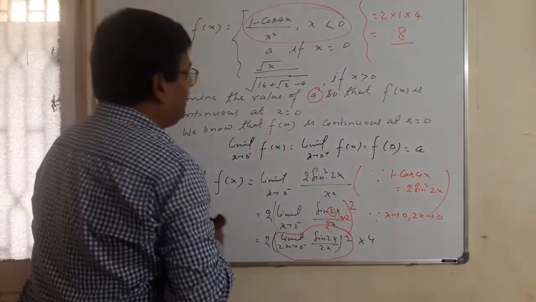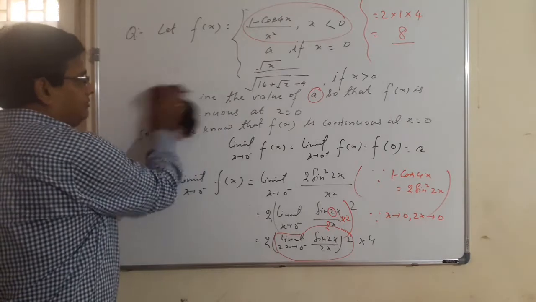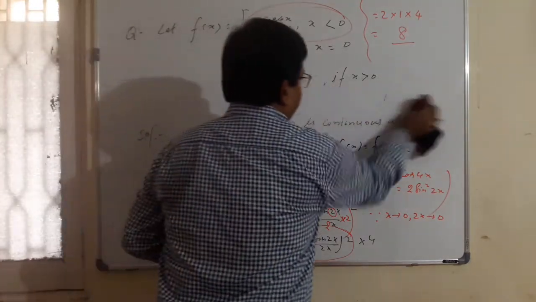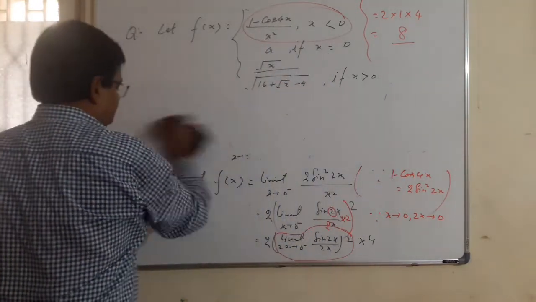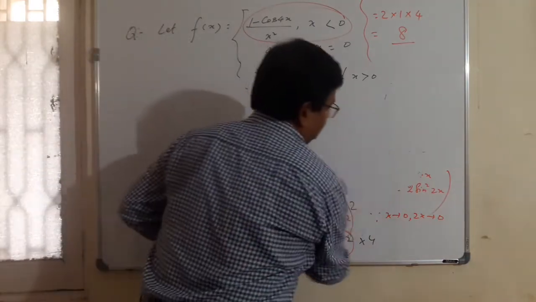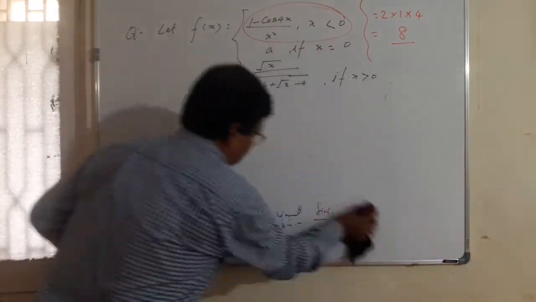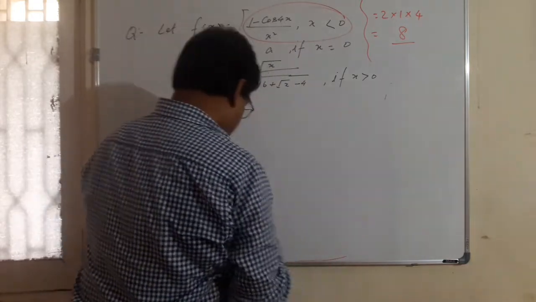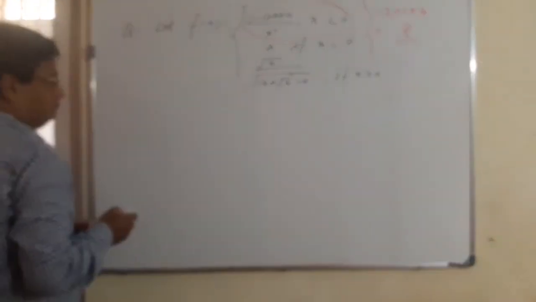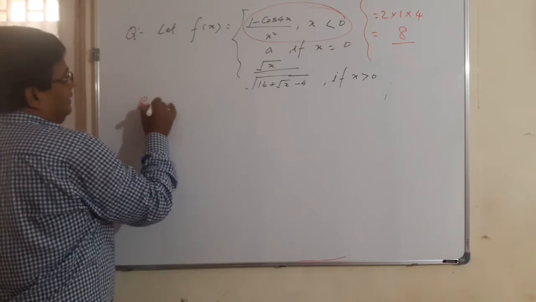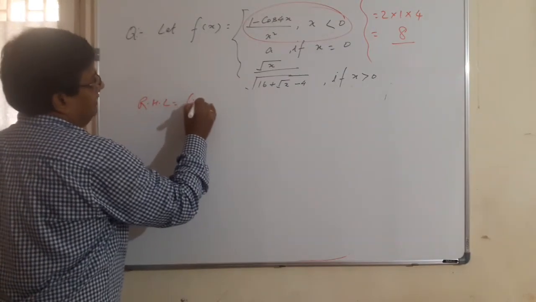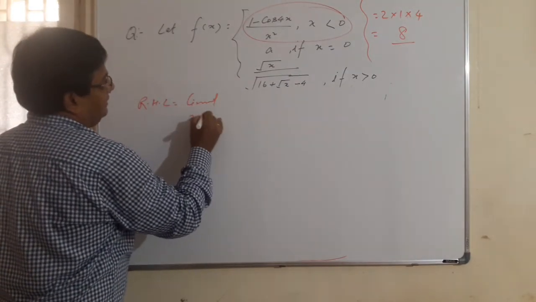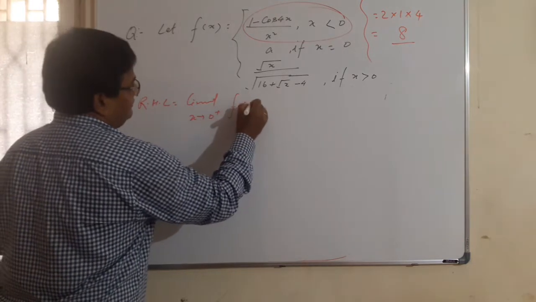So it means the value of a is 8. And through right hand also you can find out right hand limit. See here, right hand limit, limit x tends to 0 plus f(x).